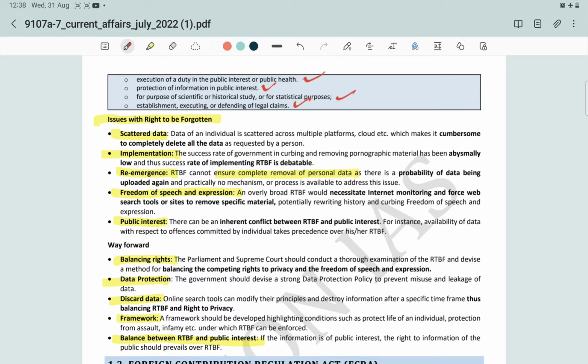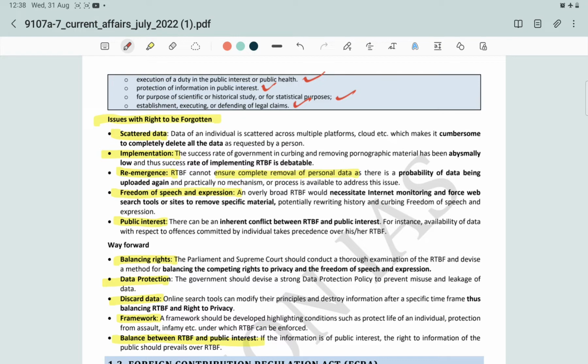There is also an implementation issue in India: the success rate of the government in curbing and removing pornographic material has been very low, and thus the success rate of implementing the right to be forgotten is also debatable. The right to be forgotten cannot ensure complete removal of personal data, as there will always be a probability of data being uploaded again, and a fear of re-emergence of that data on public platforms.